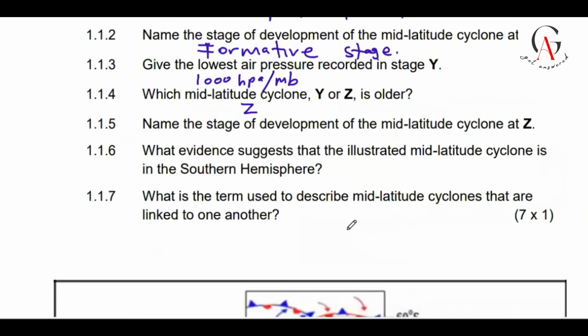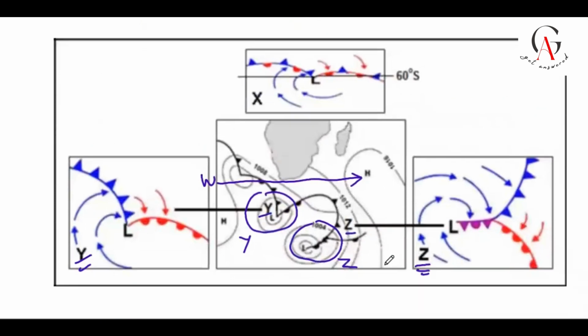Number 5, name the stage of development of the mid-latitude cyclone at Z. This is our Z here, which has been enlarged on this other side, right? But you can see at this particular point, there is a cold front, a warm front, a cold front.